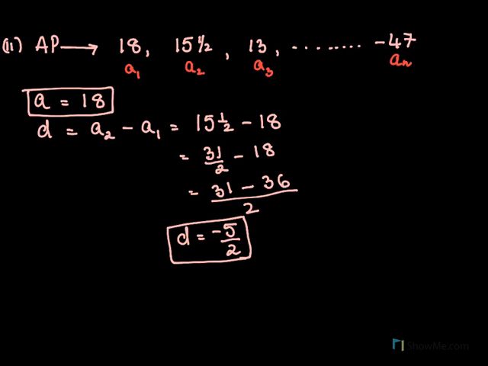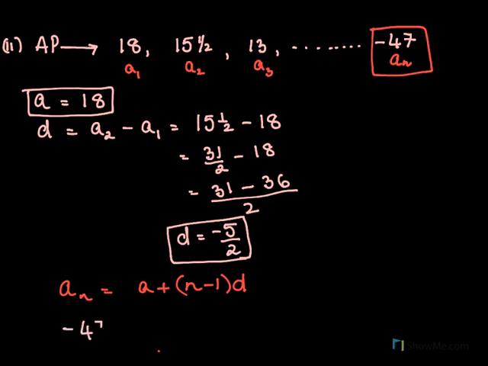And now we use our general formula, AN equal to A plus (N minus 1)D. Now we know our AN is minus 47. So minus 47 equal to A, which we know is 18, plus (N minus 1), and the D is minus 5 by 2. We'll continue.